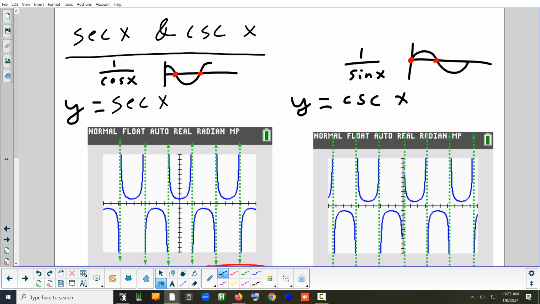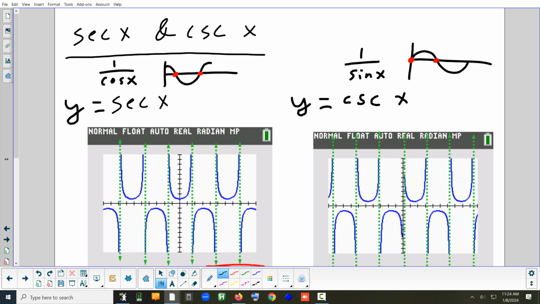For cosine, it crosses the x-axis at pi over 2 and 3 pi over 2. Those are your first 2 asymptotes. Sine crosses the x-axis at 0 and pi. Those are your first 2 asymptotes here, 0 and pi.